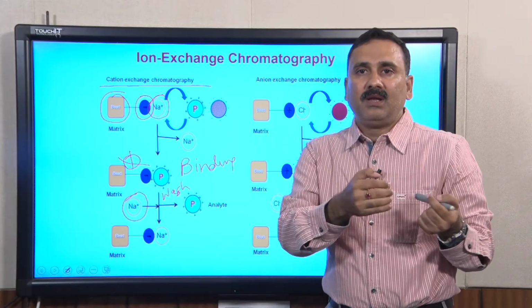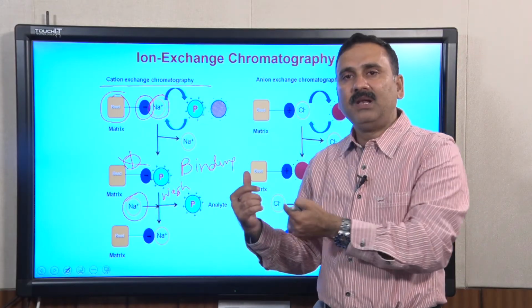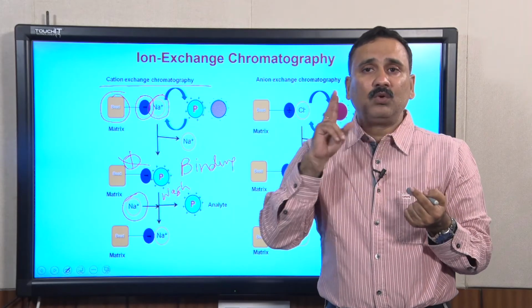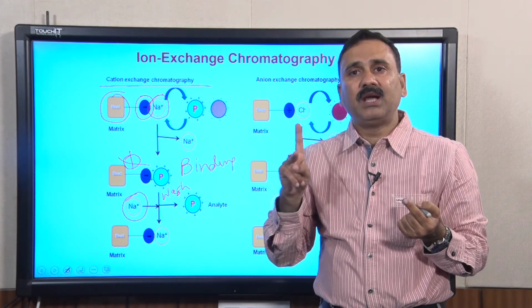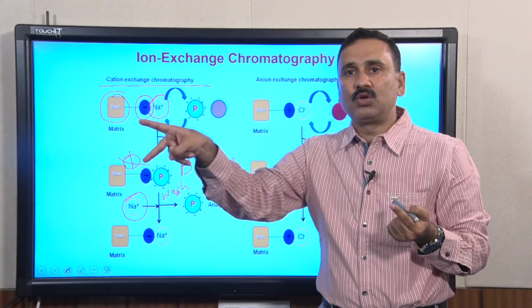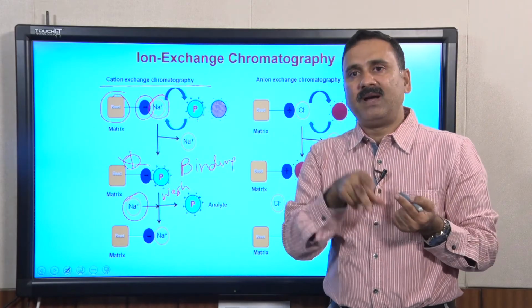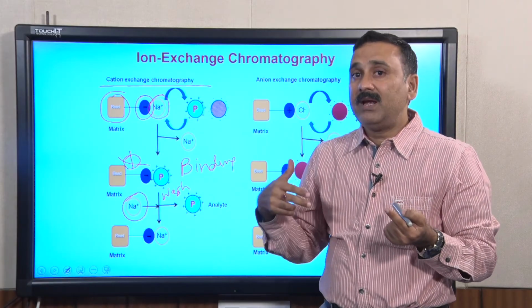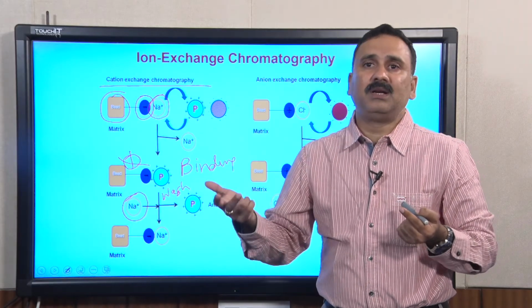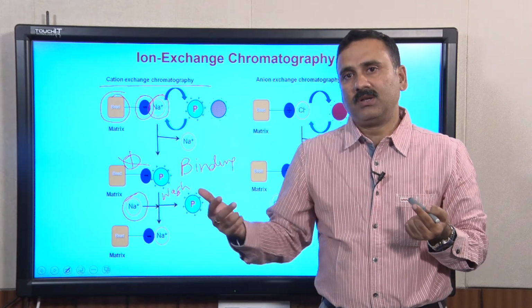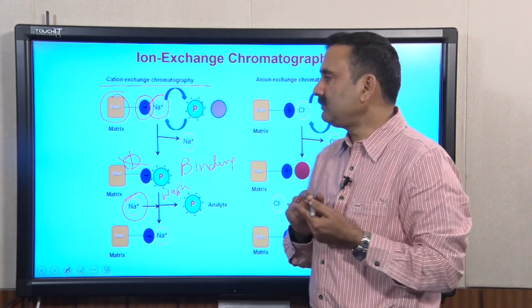For example, if you remember our previous example, M2 minus has two negative charges, so it is going to bind very strongly to the beads compared to M1 minus. Because of that, it may require a higher concentration of your elution salt.